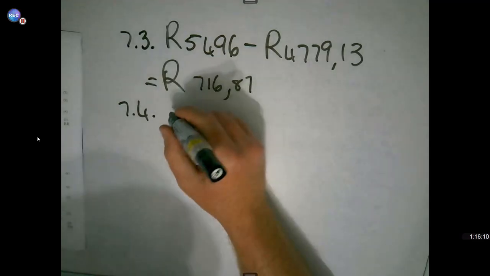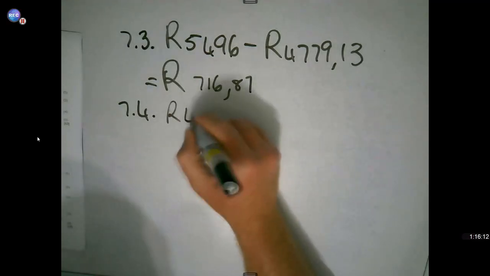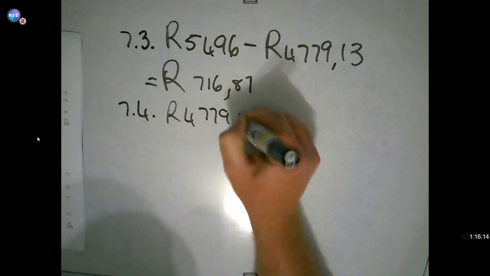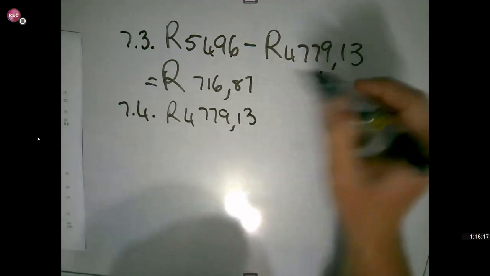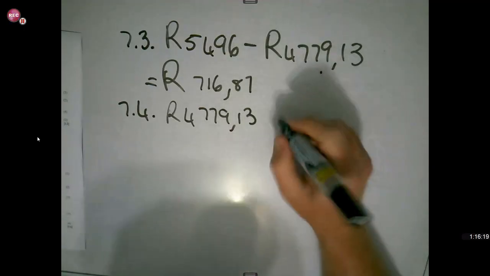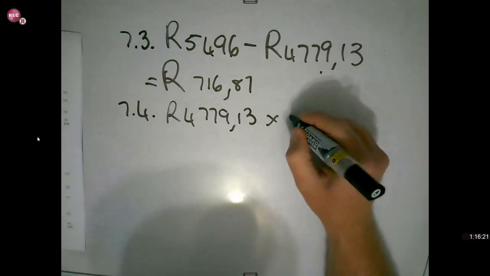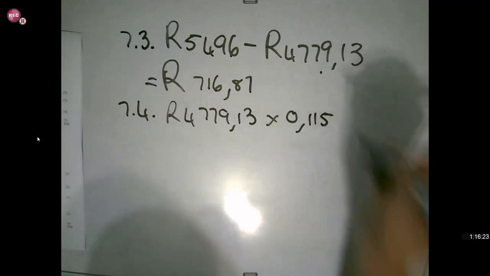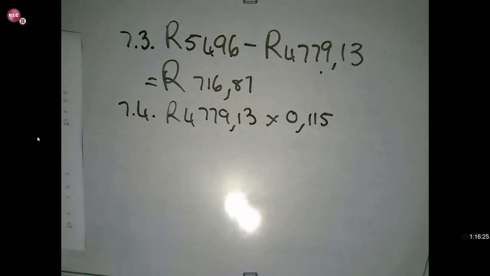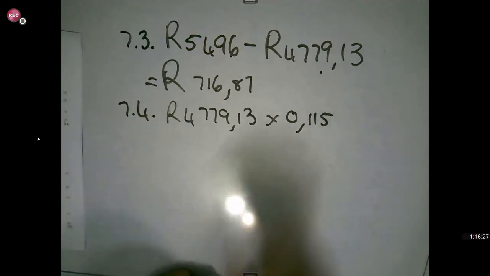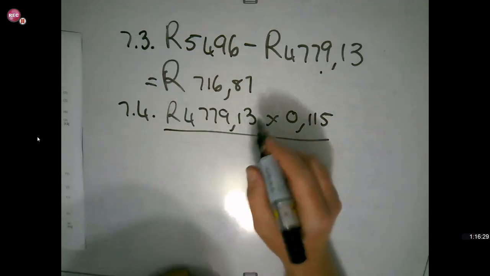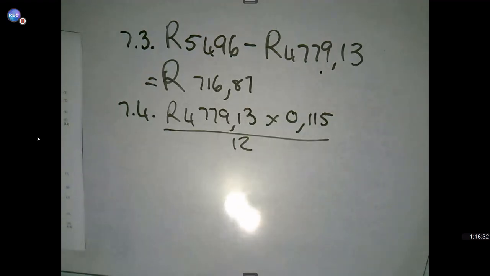So for the insurance part, we do the following. We take the 4,779 because it was insured on the cash price, not the interest price, times the 0.115. Remember, we took the 11.5%, put it over 100, which would give you this. And then we divide that by 12 because it was insured per year, not per month.